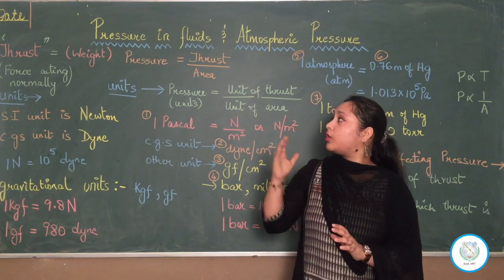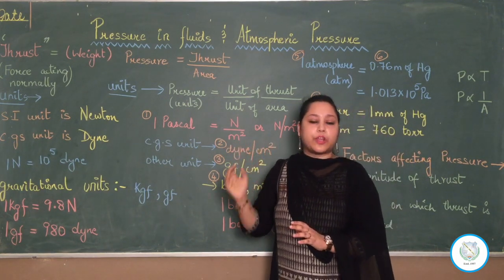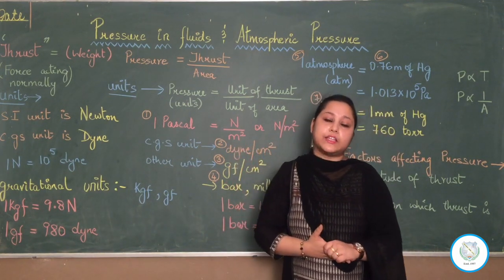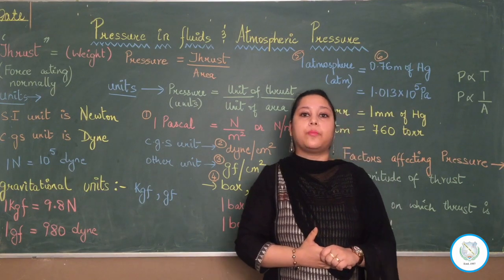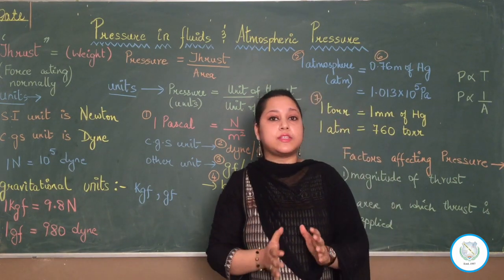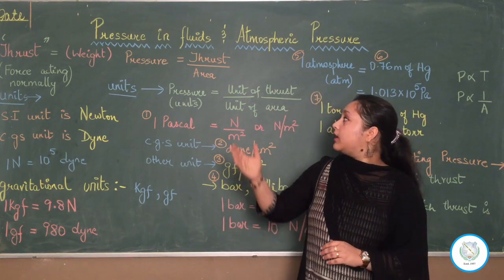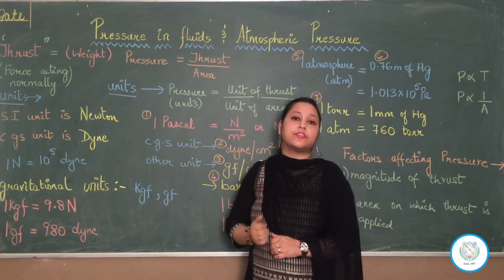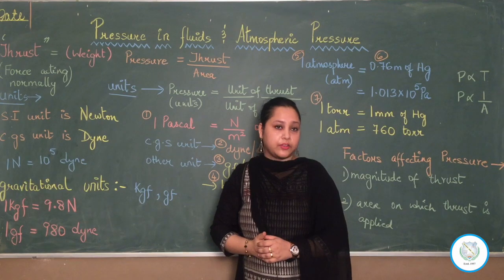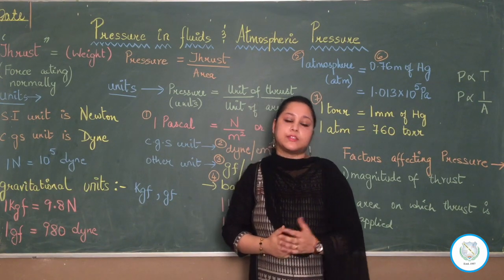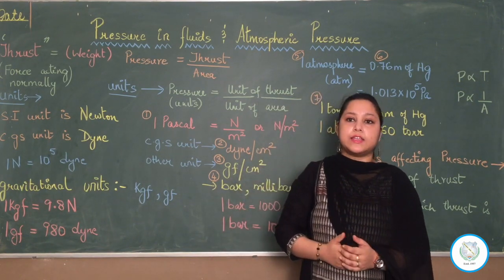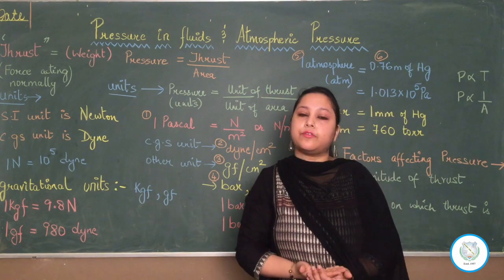Now let's talk about pressure. Pressure is thrust acting normally on a body upon a particular surface area or the surface in contact. Therefore, the formula of pressure is thrust upon area. Thrust, as you know, is a force, and area is the contact surface that we are talking about.